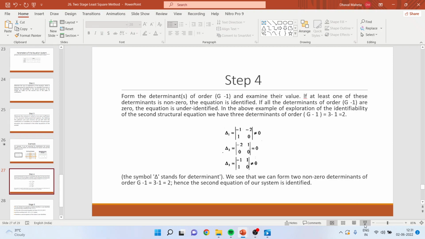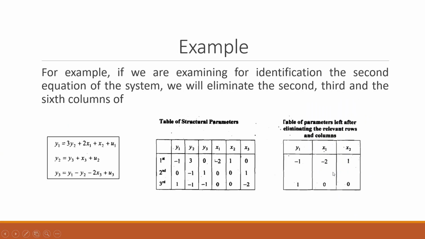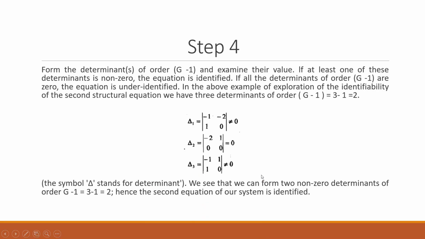Let's see how. Minus 1, minus 2, 1 and 0. So 0 into minus 1 is 0, minus 2 into 1 is minus 2, so the determinant is 2, and therefore it is not equal to 0.